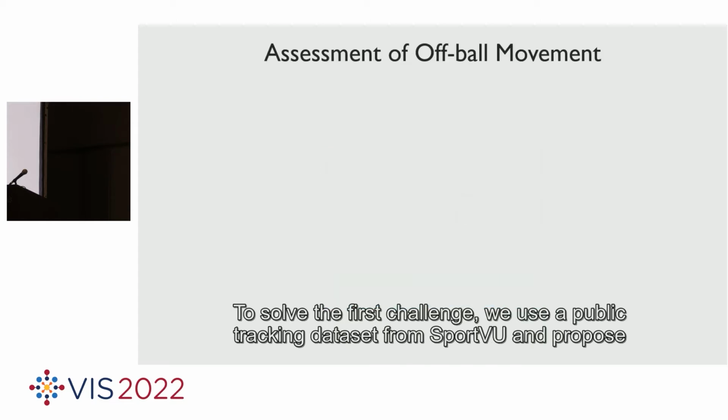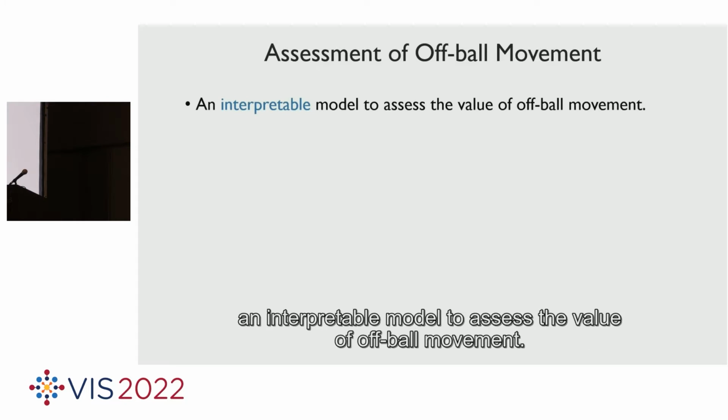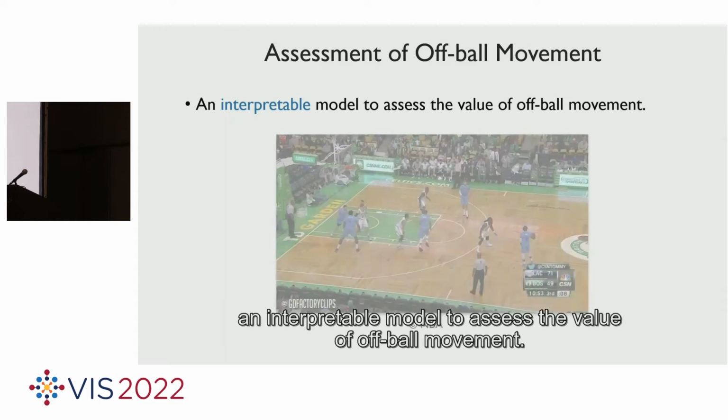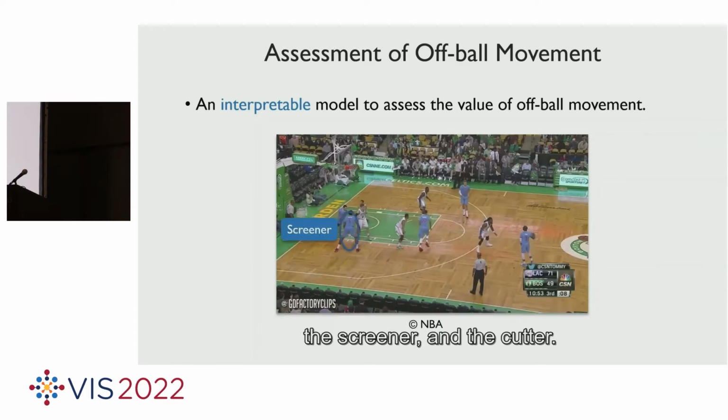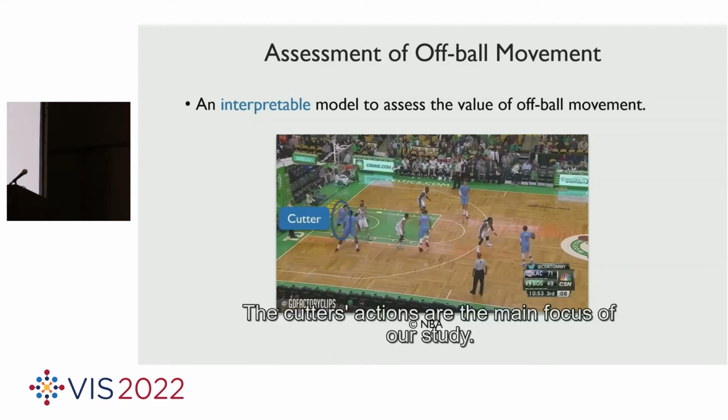To solve the first challenge, we use a public tracking dataset from SportVU and propose an interpretable model to assess the value of off-ball movement. With the data, we further assign the roles to different players, including the ball handler, the screener, and the cutter. The cutter's actions are the main focus of our study.